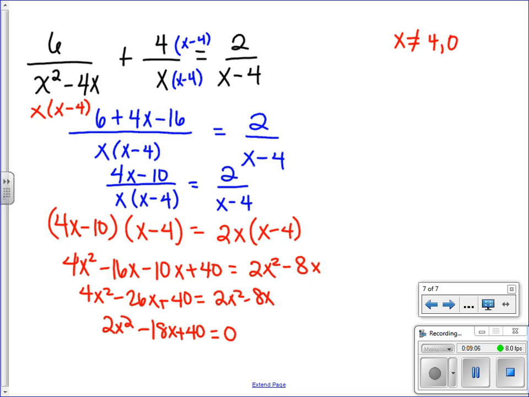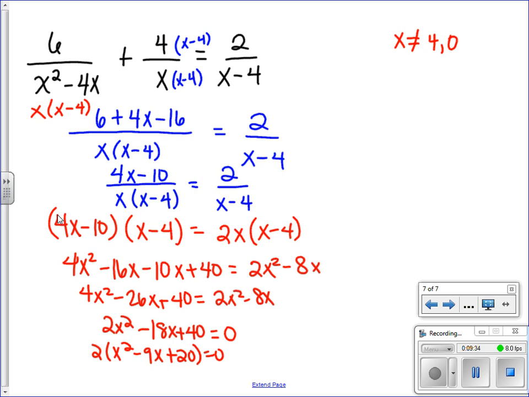You know what else I'm going to do? I'm going to factor out a 2, so I have smaller numbers to work with. 2x squared minus 9x plus 20 equals 0, because now I can easily say that's going to be x minus 5 and x minus 4. Two numbers that multiply to a positive 20 and add to a negative 9: a negative 5 and a negative 4.